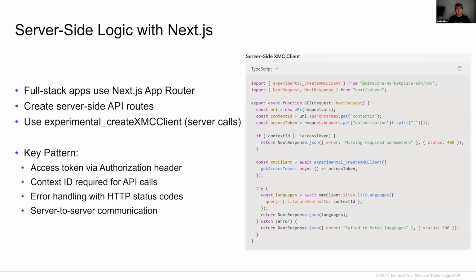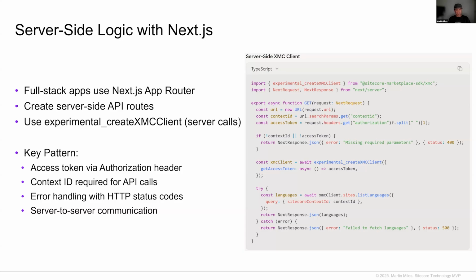When you need to perform more complicated operations like integrating with a third-party service, performing heavy data processing, or keeping API keys secure, you will want to use a full-stack architecture. The Next.js app router is perfect for this particular type of scenario.